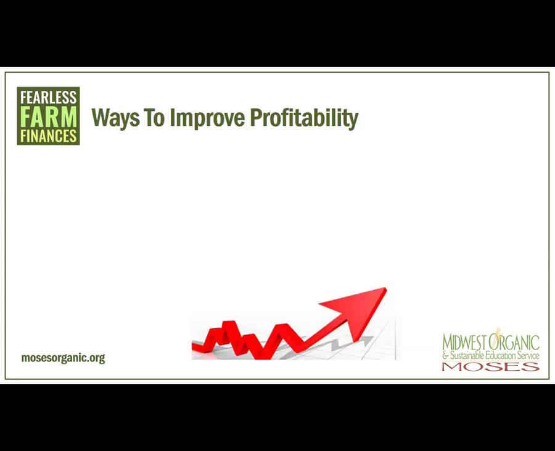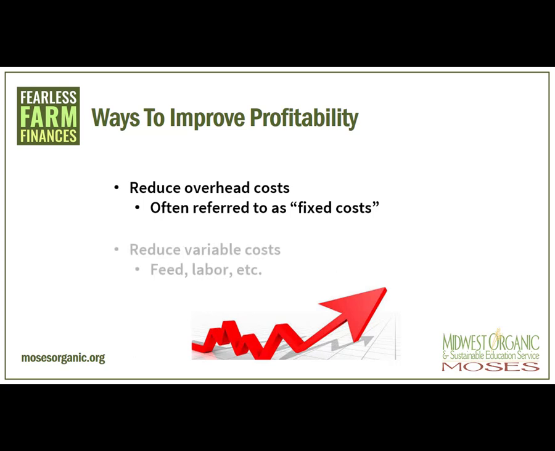So, ways to improve profitability. Let's break this down and think of it real simple. Well, if we want to be more profitable, we reduce overhead costs, often referred to as our fixed costs. We can reduce our costs and get the same amount of revenue or more, and we're going to improve profitability.